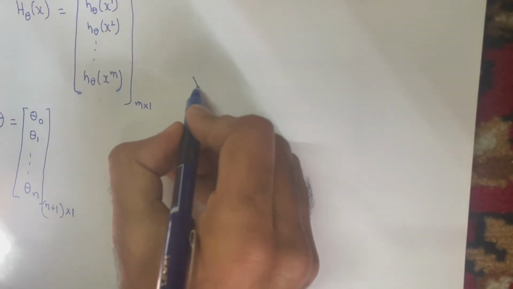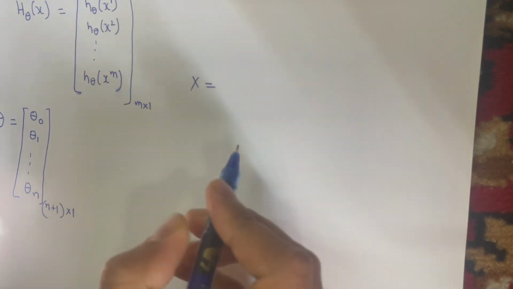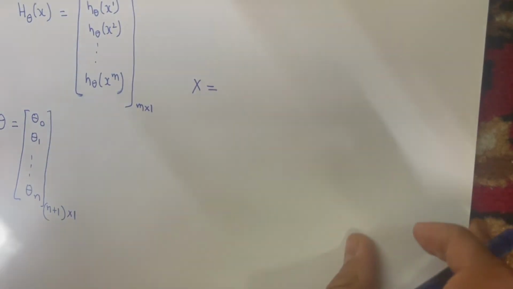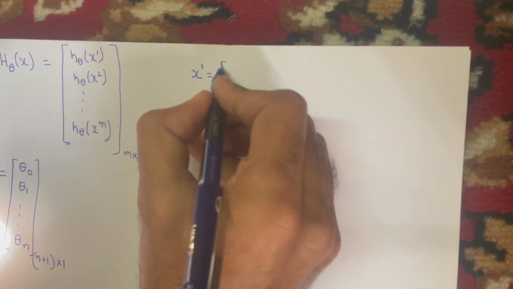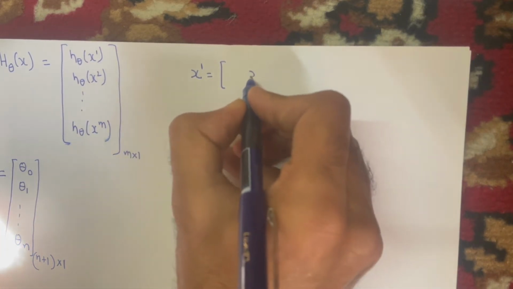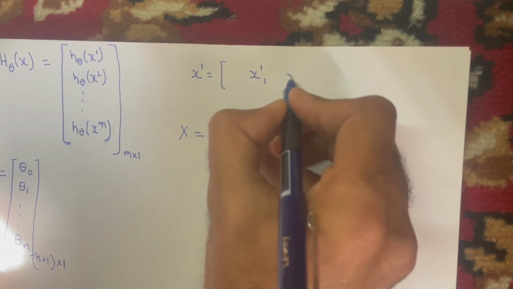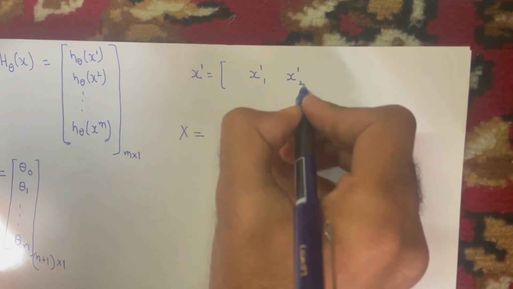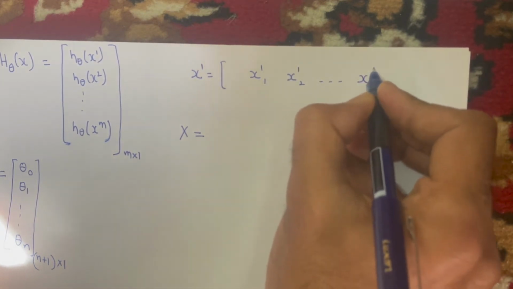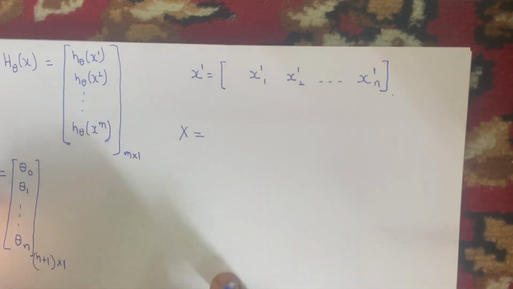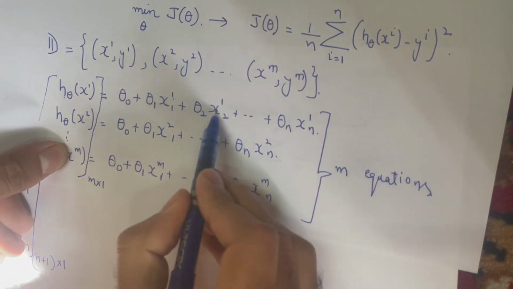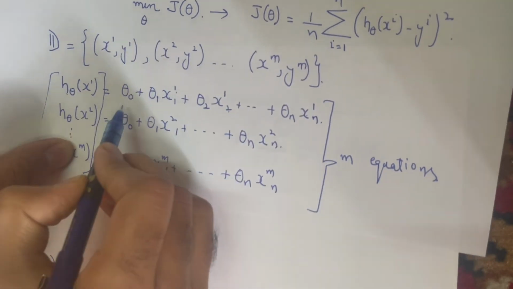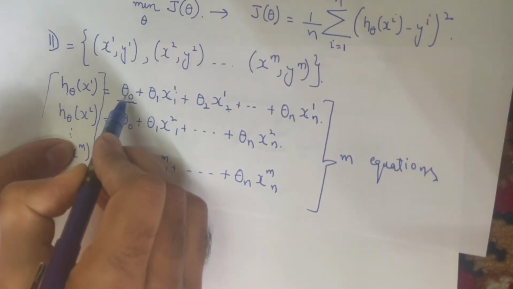Okay, and our x: every example we were representing like this. So x1 was x11, x12, x1n. You can see in the example x11, x12, x1n, but there is one additional term, theta 0.